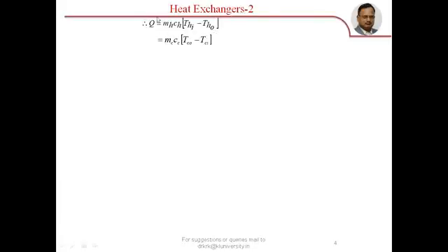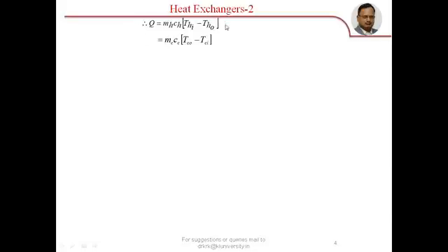The first equation determines the heat lost by the hot fluid when its temperature drops from THI to THO. And the second equation is the heat gained by the cold fluid when its temperature increases from TC inlet, TCI, to TC outlet, TCO.